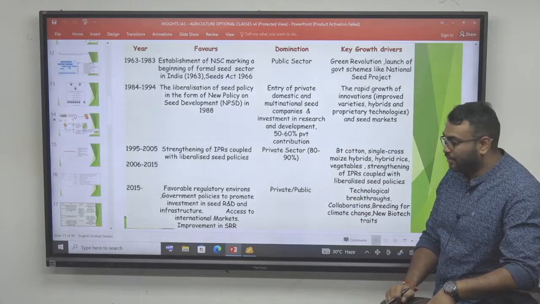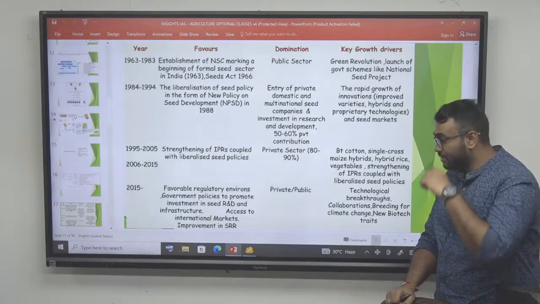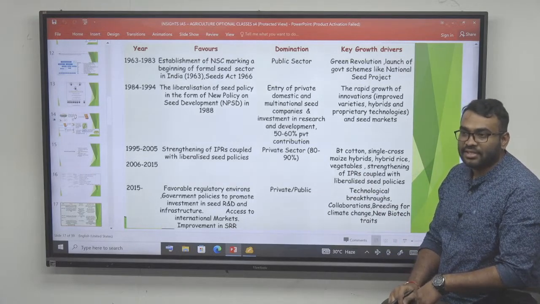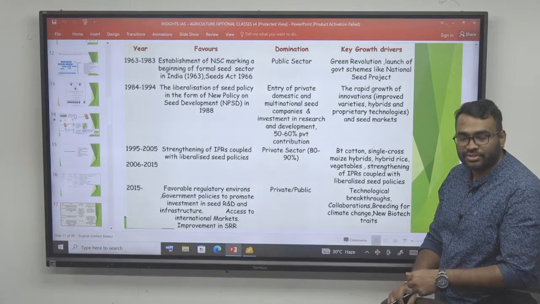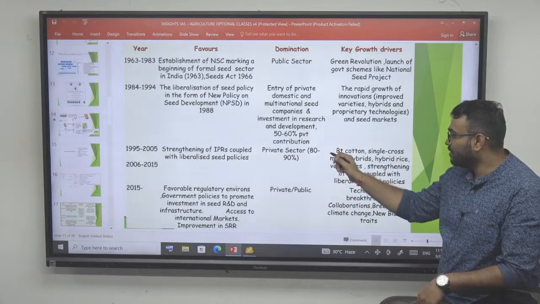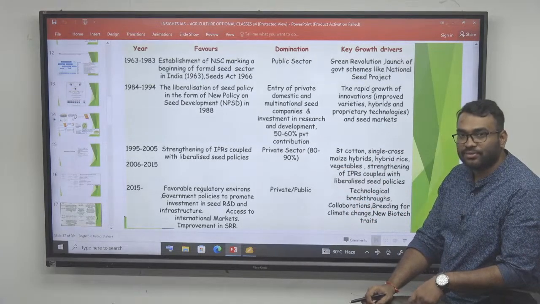After the LPG reforms, from the mid 1990s till the early 2000s, the IPR regime, that is intellectual property rights, and the protection for breeders and also for companies, increased. So from here onwards the majority is being controlled or done by the private sector only, right?